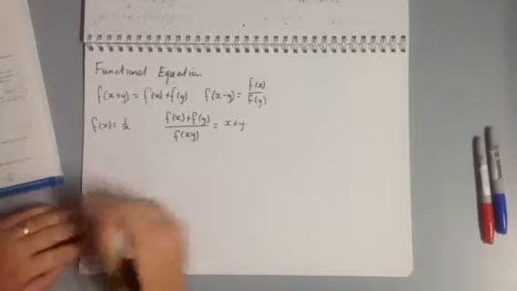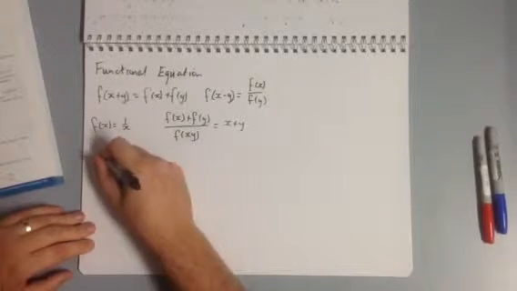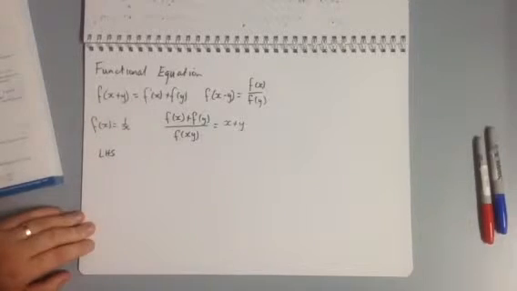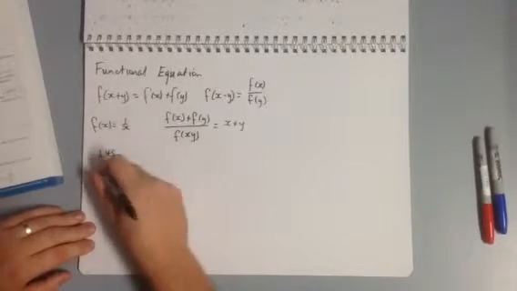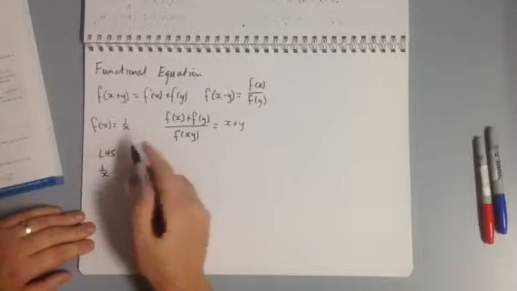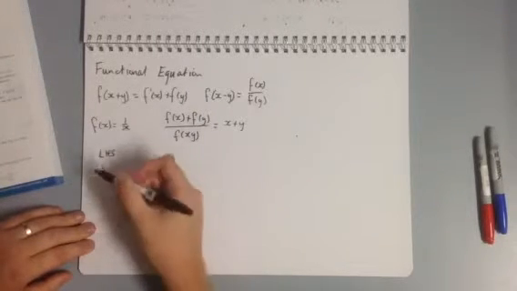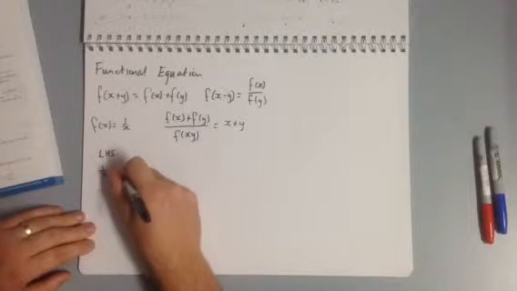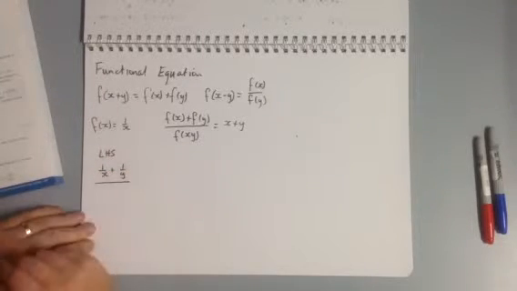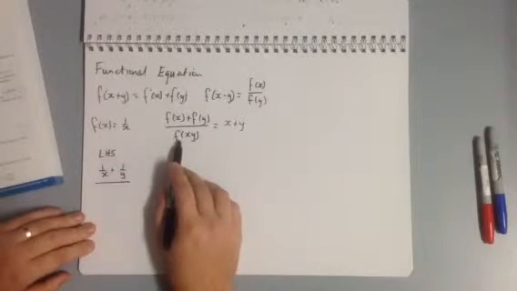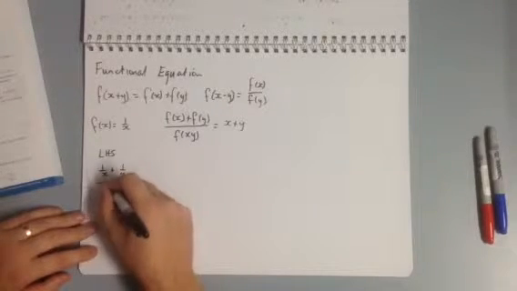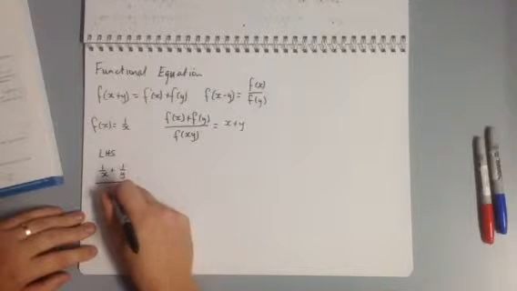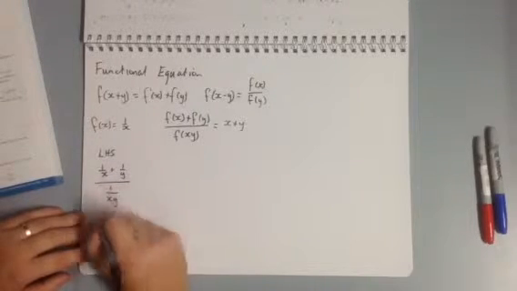So we start with our left hand side. f of x is 1 on x, f of y would be 1 over y, and f of xy would be 1 on xy.